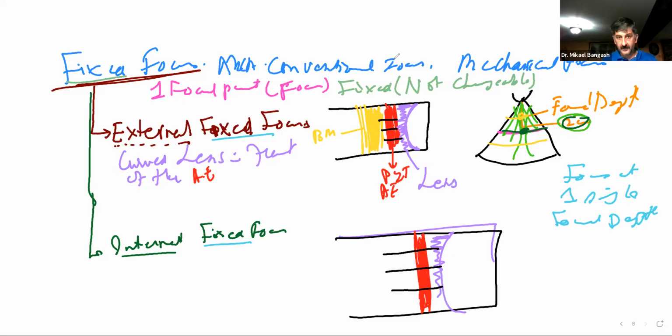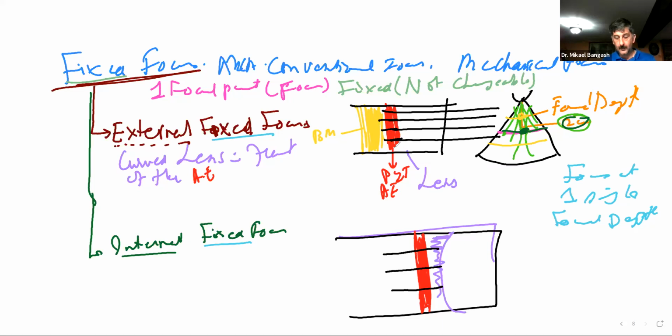If they travel straight, they don't reach a narrowest point, which means they were not focused.